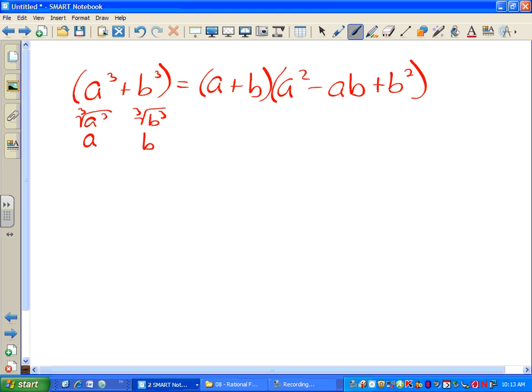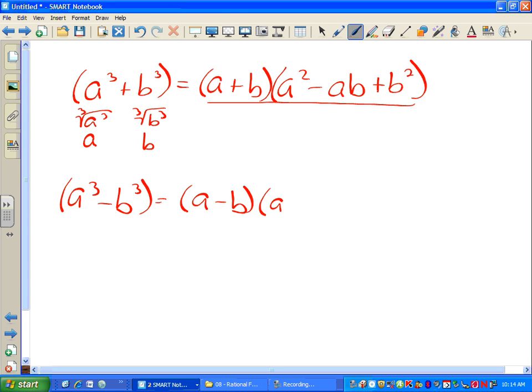So a perfect cube factors into this binomial times the trinomial. What if it's a cubed minus b cubed? That factors to a minus b, a squared plus ab plus b squared.